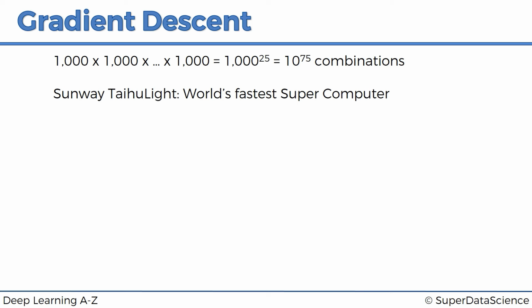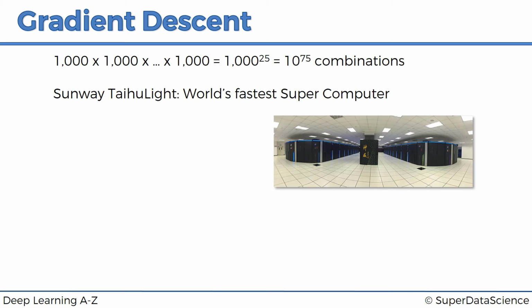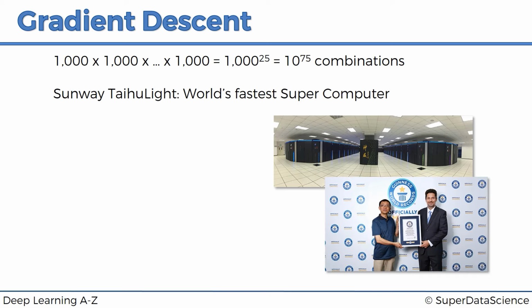So Sunway TaihuLight looks like this. It's pretty much a whole huge building for this one supercomputer, and it got the Guinness World Record for being the fastest supercomputer. Right now it is the fastest supercomputer in the world, and it can operate at a speed of 93 petaflops. A flop stands for floating point operation per second.